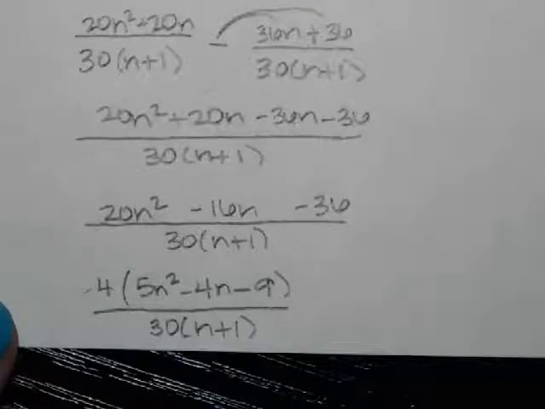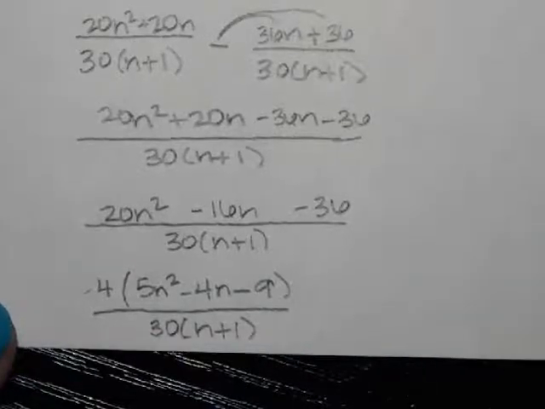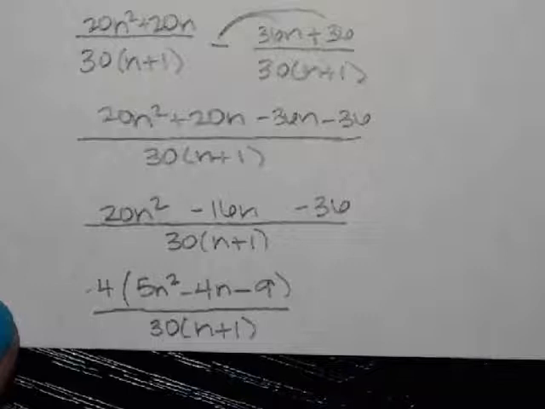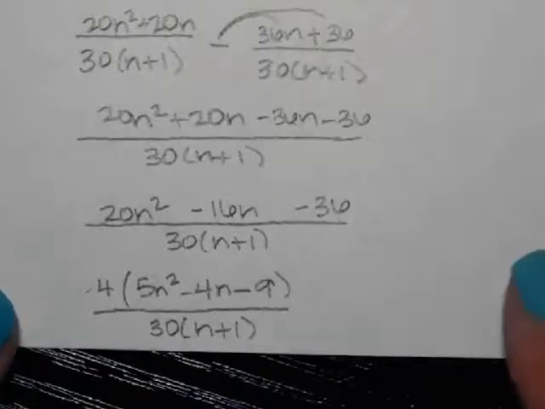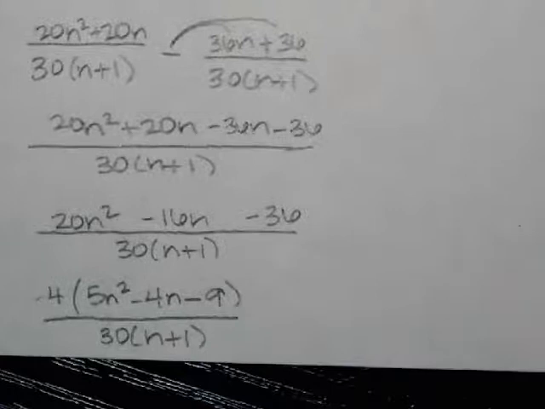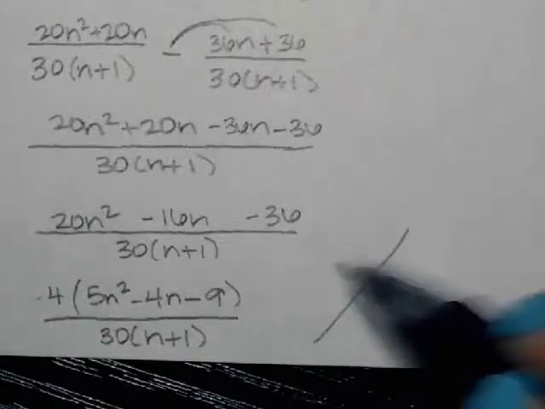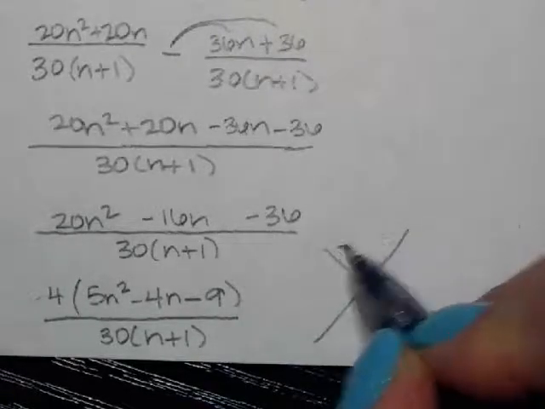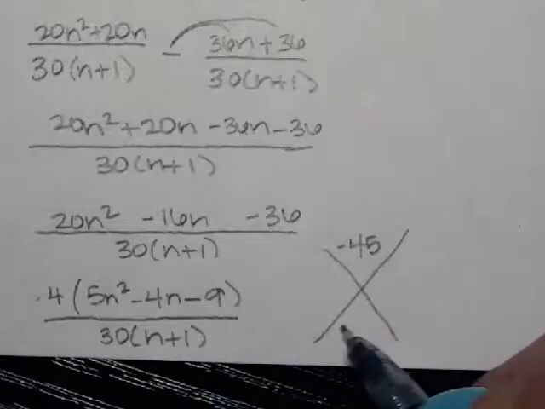So 5 times negative 9 is negative 45. So we're looking for two numbers that multiply to negative 45, but add to negative 4, negative 9 and 5. Okay.